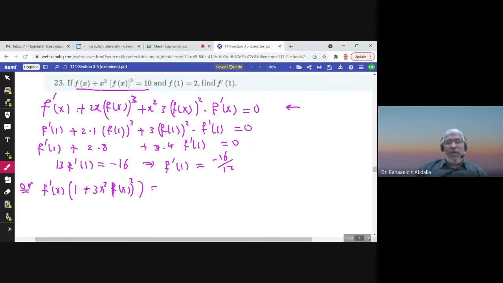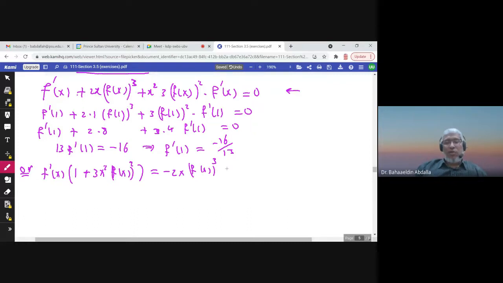And now take negative 2x f of x all cubed to the other side. So f prime of x would be equal to negative 2x f of x to the power 3 over 1 plus 3x squared f of x all to the power 2.